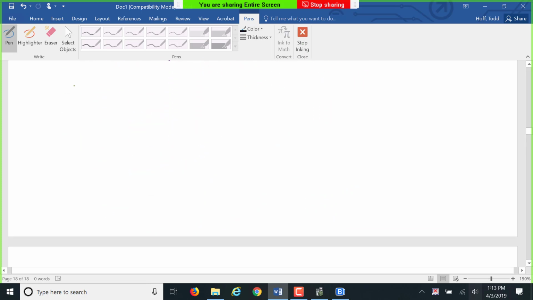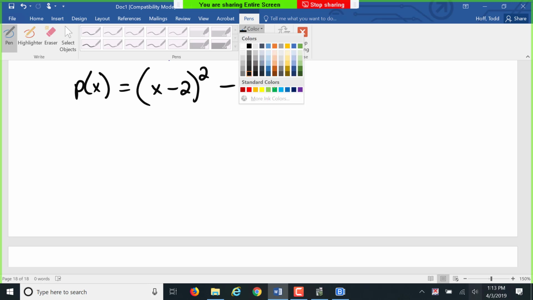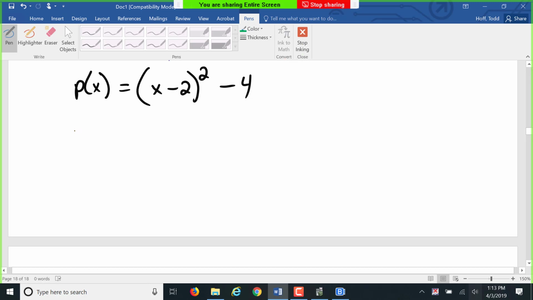So if I give you p of x equals (x minus 2) squared minus 4, find t of x, which is the reflection about the y-axis.